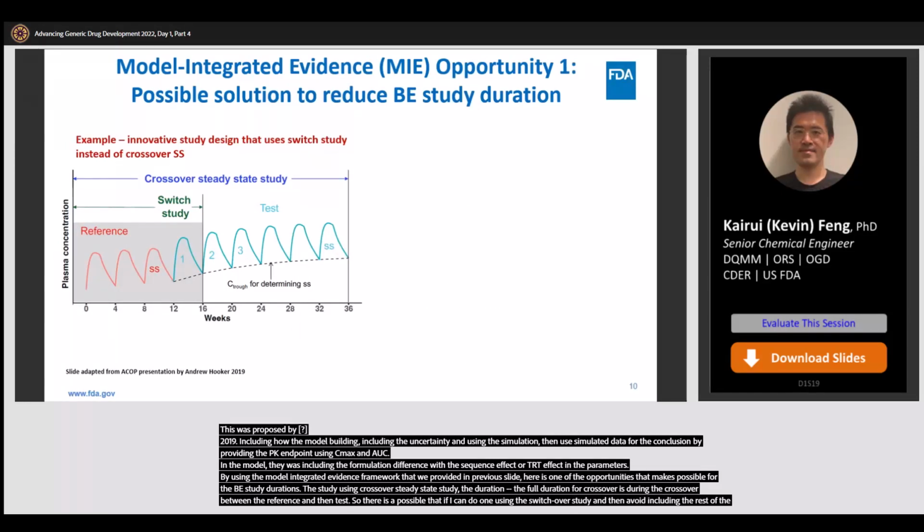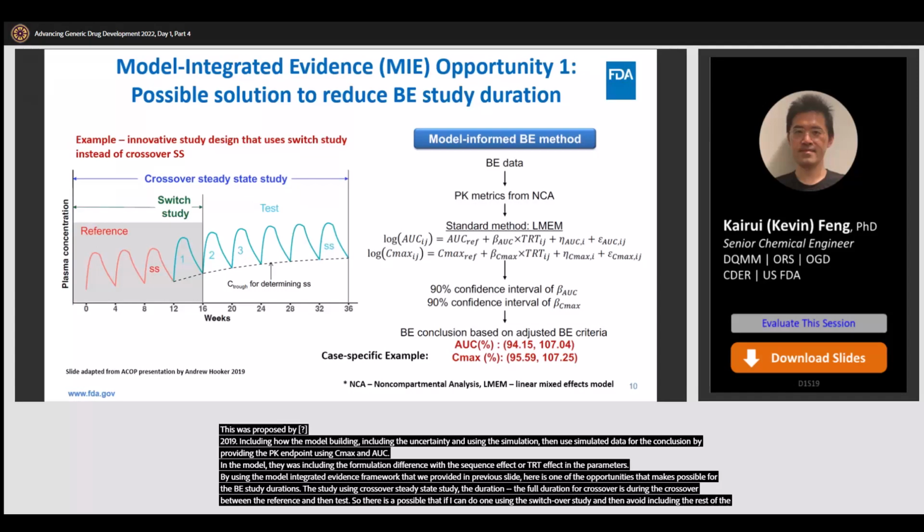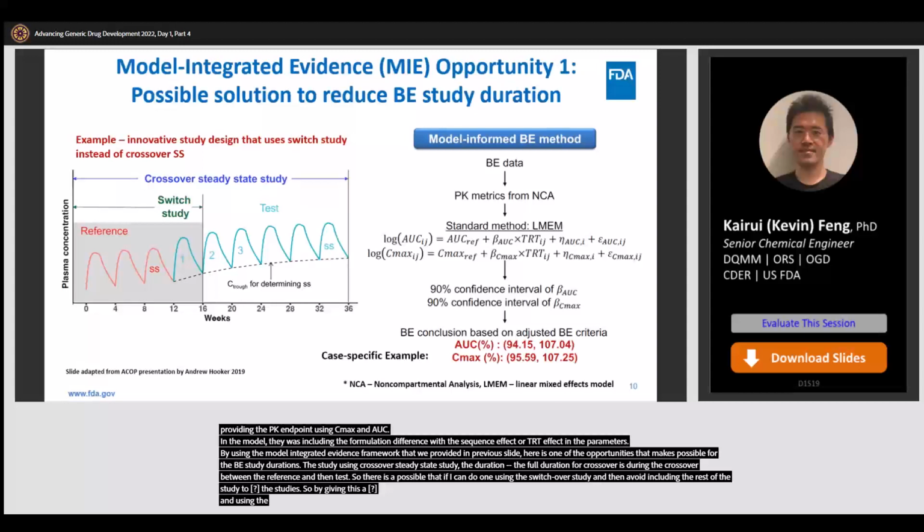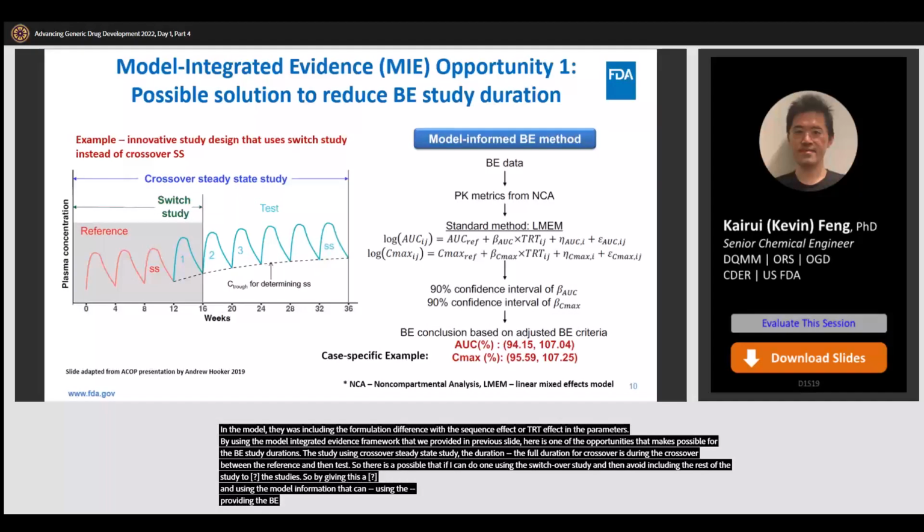By giving this framework and using the model information, we can provide the BE metric, given the steady-state confidence interval as a normal BE limit using 80 to 125%.